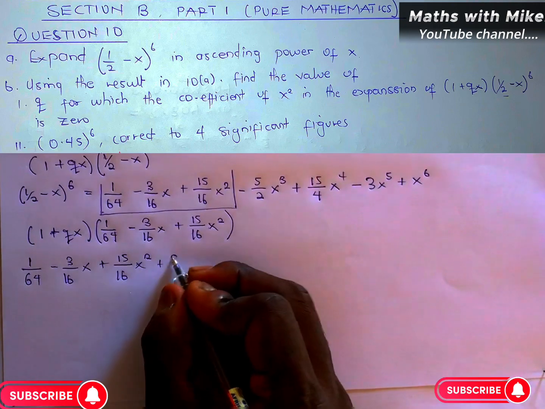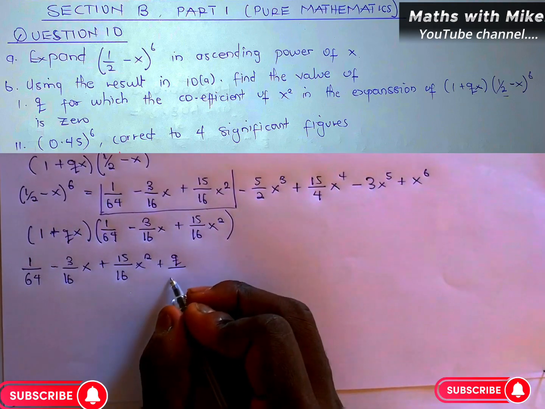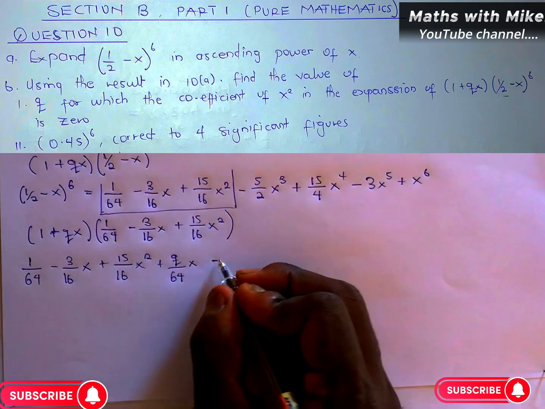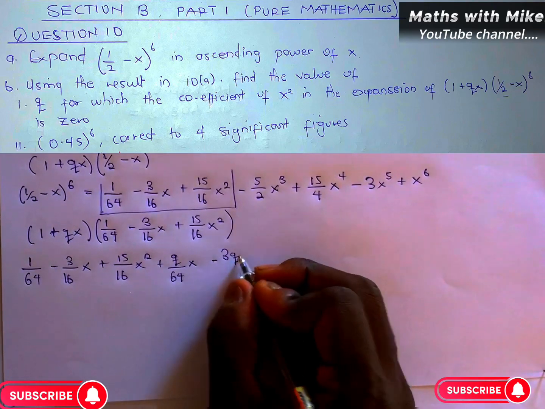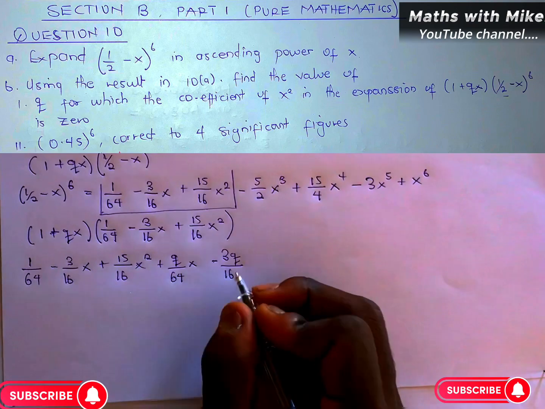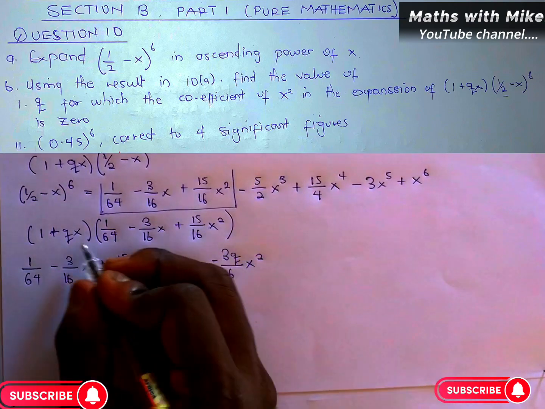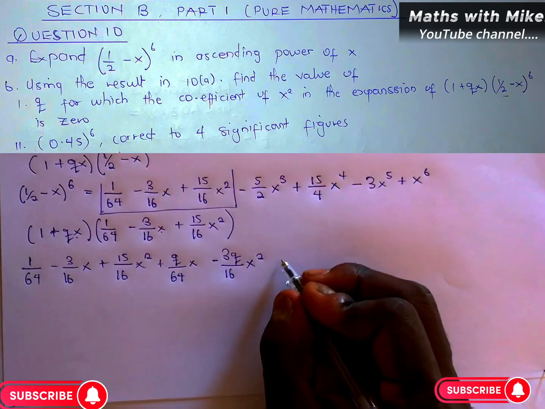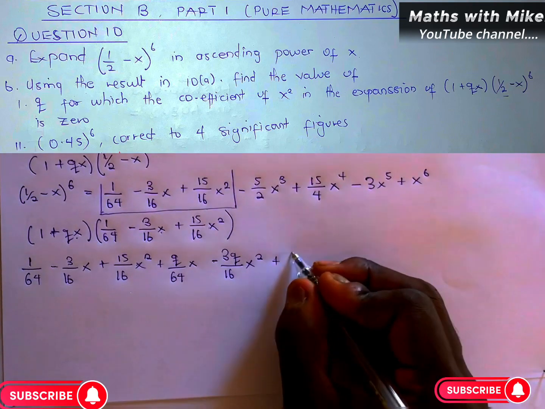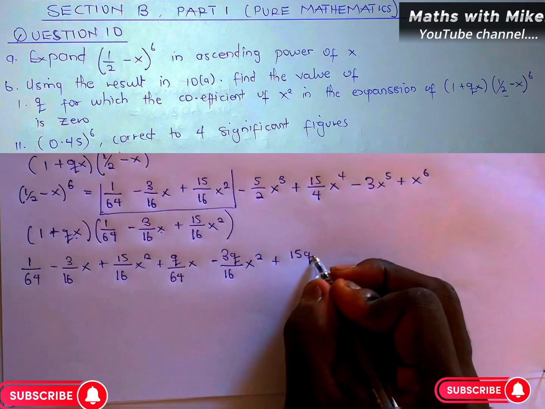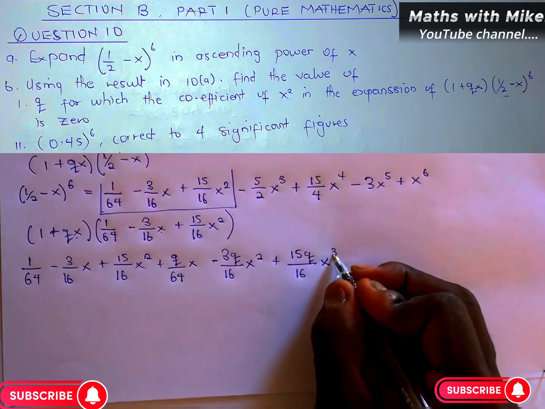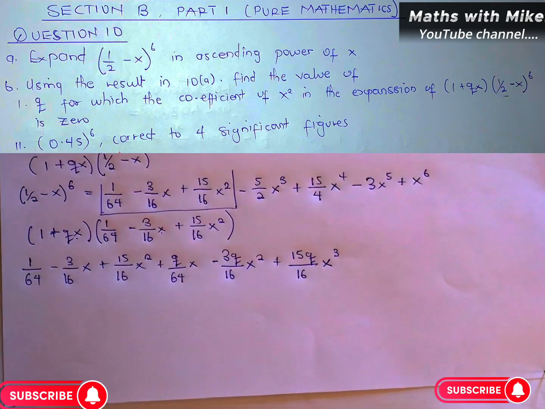We get plus q over 64x minus 3q over 16 x squared. So this x times this x will be x squared plus 15q over 16 x exponent 3.